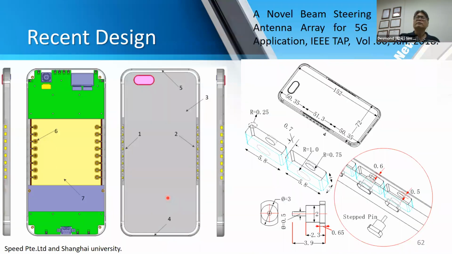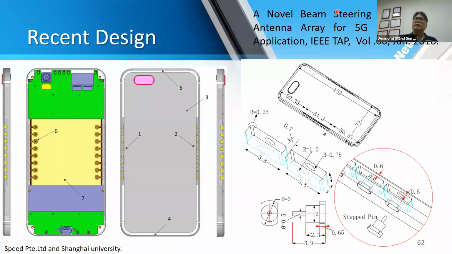Here is one of the designs that was done by me and also by Shanghai University and a company called Speed. We have developed this millimeter wave antenna, and I'm not going to elaborate on that. If you've got time, you can download this paper.